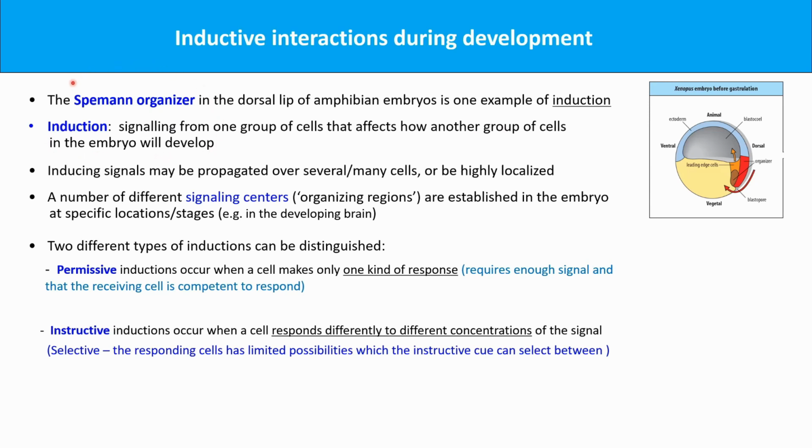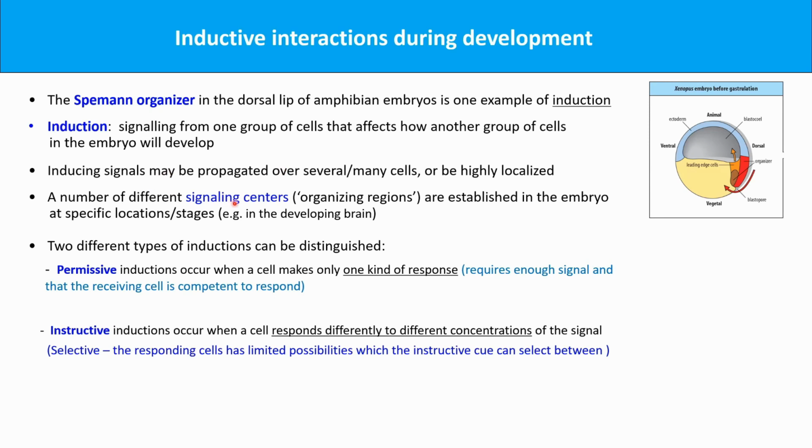A very important inducer is called the Spemann organizer, and it is found, shown here, in the dorsal lip of amphibian embryos, and it acts as a very important inducer of other tissues. Inducing signals may be propagated over several or many cells, or may be highly localized, acting on a one or two cell distance, for example.